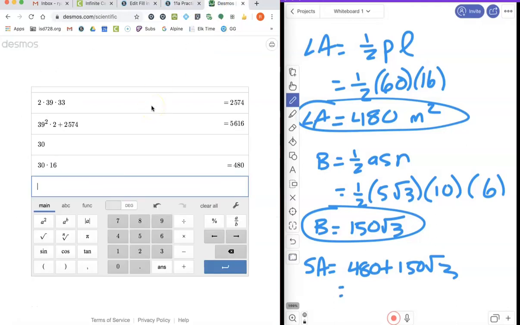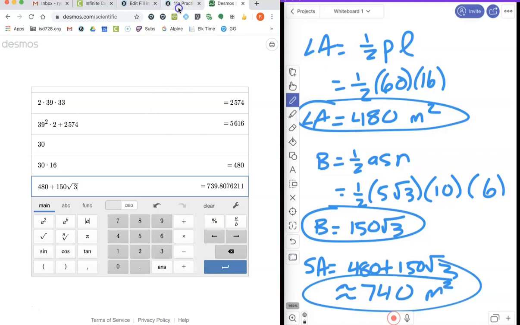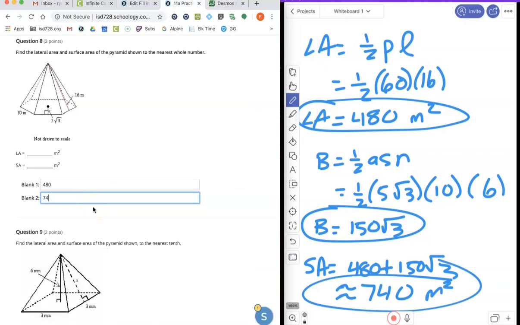So 480 plus 150 times the square root of 3. So that's 739.8. If we round that to the nearest whole number, that's 740 square meters. So we have 740 square meters for our surface area.